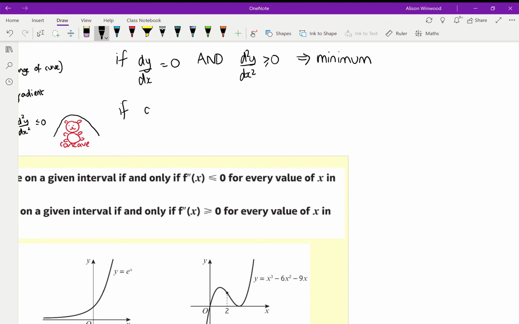If, on the other hand, the gradient is 0 and the curvature is negative, then we must have a maximum.